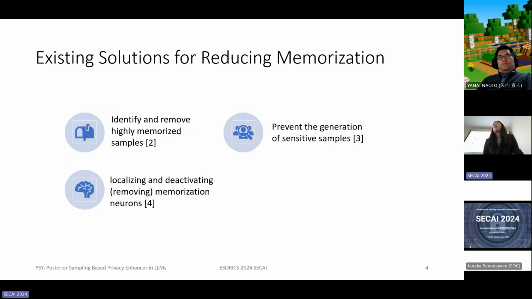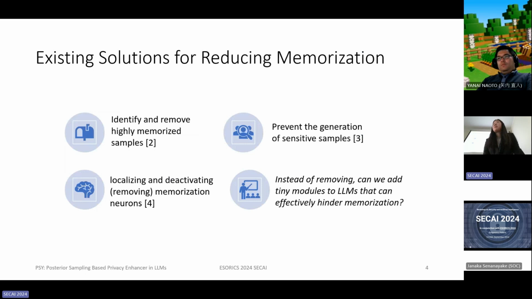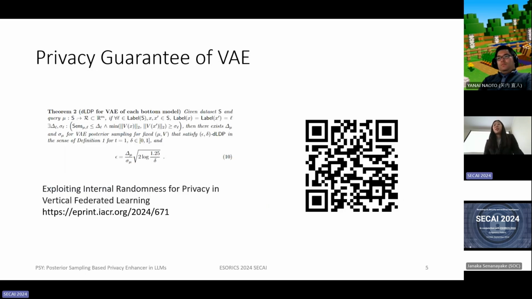So we thought about other alternatives. Instead of removing, can we add tiny modules in large language models that can effectively hinder memorization? The answer is yes. The variational autoencoder, the VAE, is a tiny module we need.